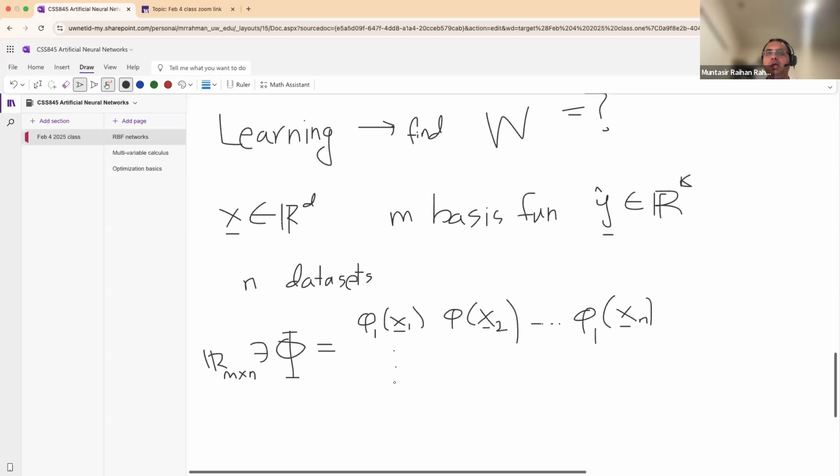And then I'm going to apply the mth radial basis function to all the input vectors.